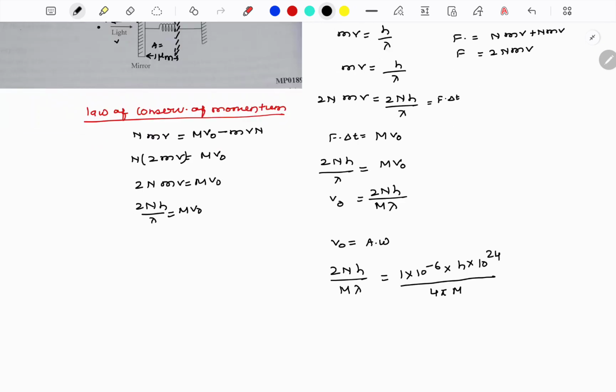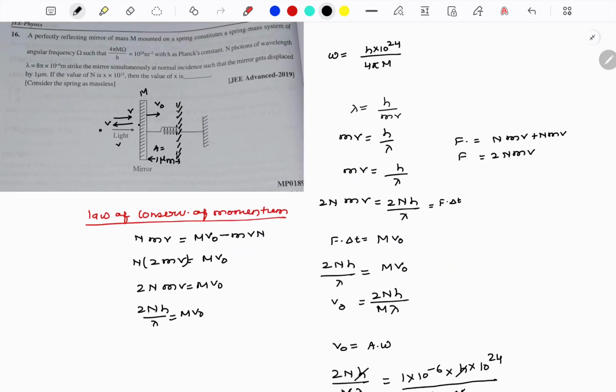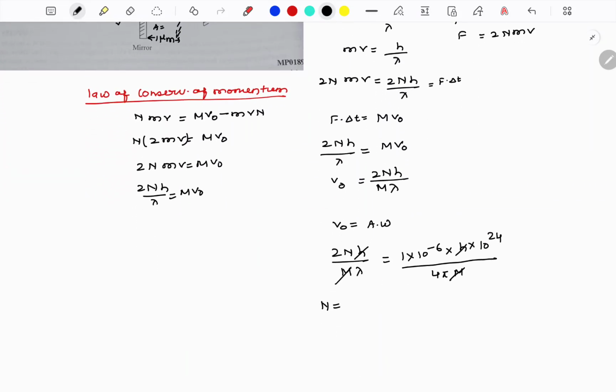Now comes the solving part. M is cancelling with M, h is getting cancelled with h, so the value of n is 10 power 18 by 8 pi.